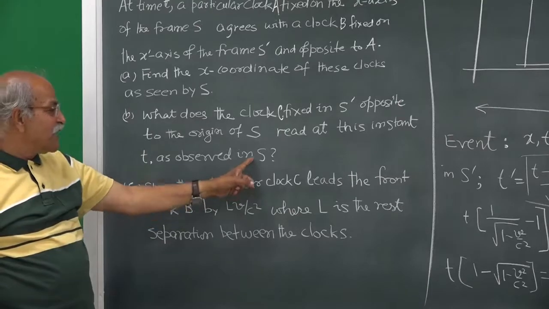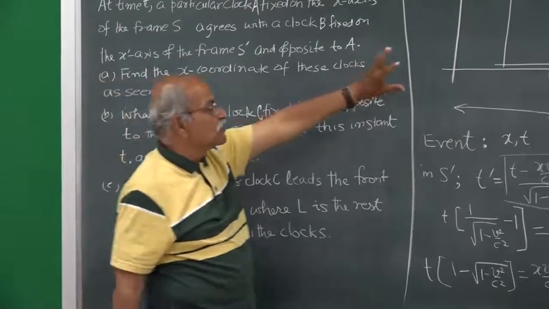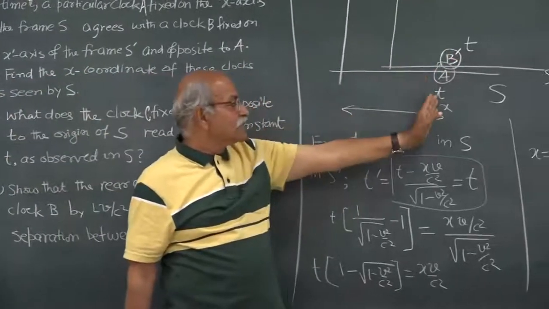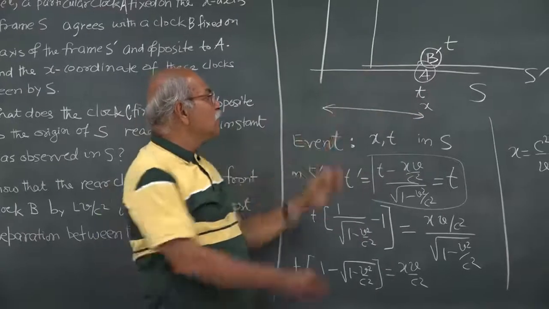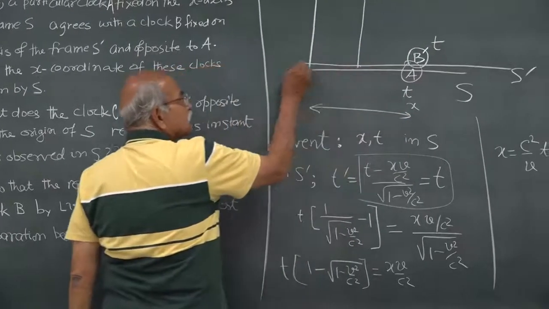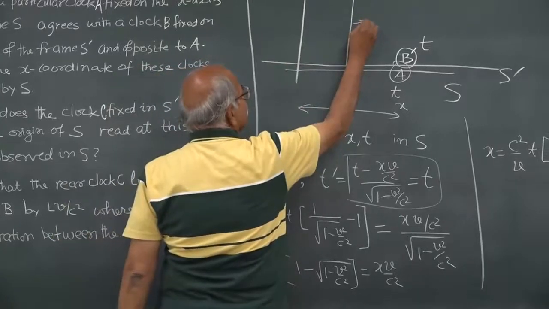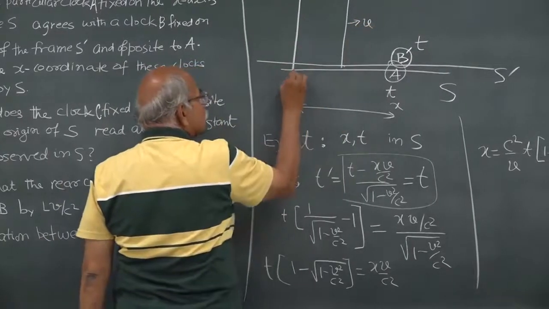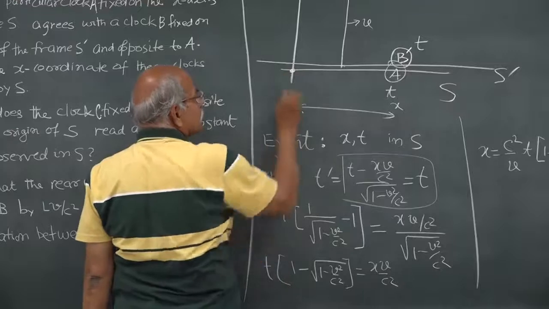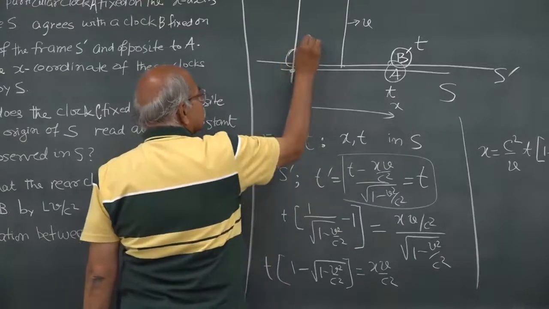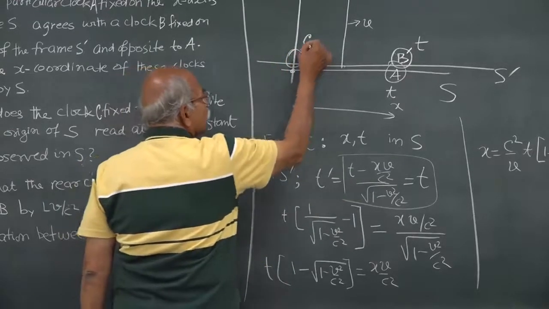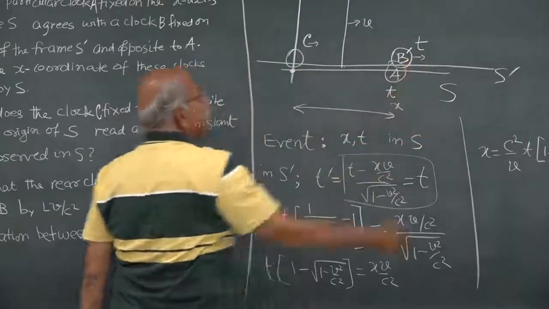So, in S frame at time t these two clocks are agreeing. At the same time t there is some clock of S prime which is opposite to the origin. This is the origin of S. So, there is some clock here, C, they are all moving.